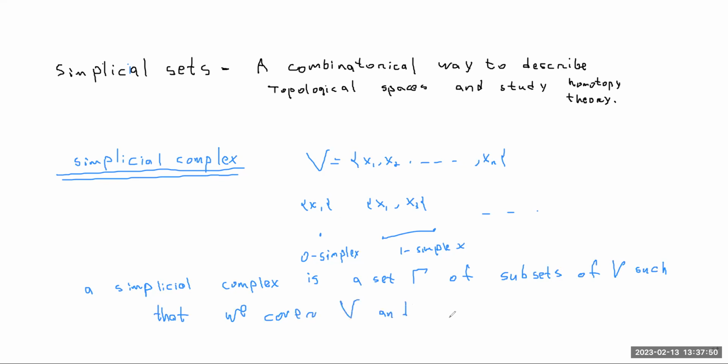And if sigma 2 is in the complex and sigma 1 is contained in sigma 2, then sigma 1 is also in the complex. If I have a simplex, then its sub-simplices are also simplices. Okay, all of you, I'm sure, know simplicial complexes.